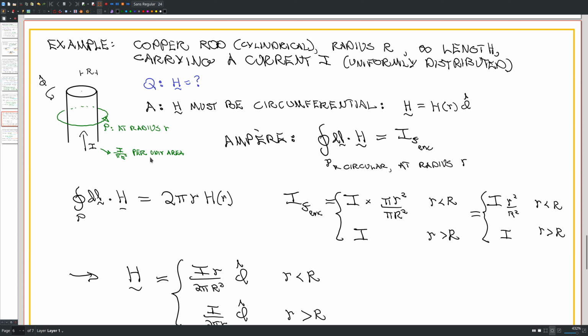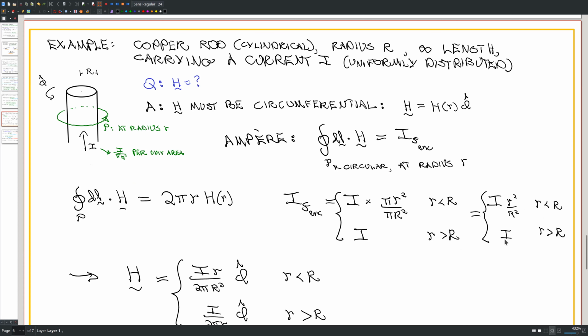That means that if I look at a certain loop at radius r, the total free enclosed current, if r is greater than the radius of the cylinder, then of course it's the total current I. But if my r is within, so if I imagine having a little circle of a little radius r smaller than the big R radius here, then I would find a current which is proportional to the surface area of that little section here. So that's why I've just got this extra factor here. If r is less than the radius of the cylinder, I just need to correct this by some r squared over R squared here. Okay?